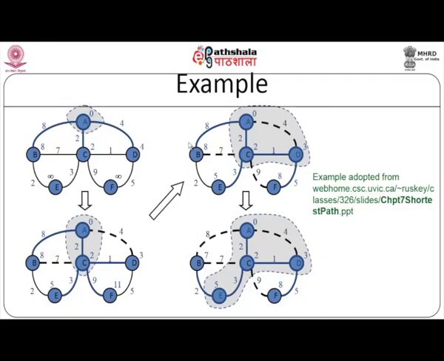Now, it has been updated to 2 because it is 0 plus 2. Next you go to the next node, which is 3. 3 could have been reached from A or from C. Now, if you take it from C, you have the value as 3.